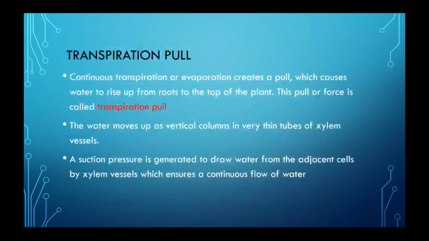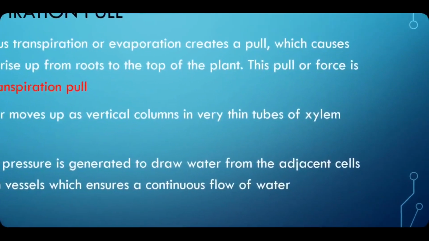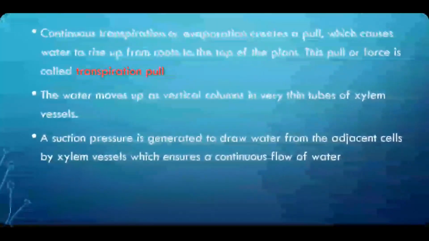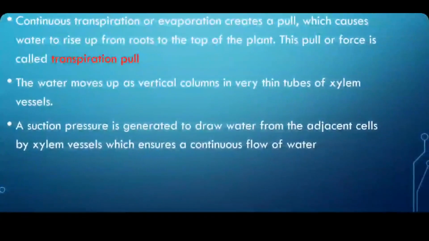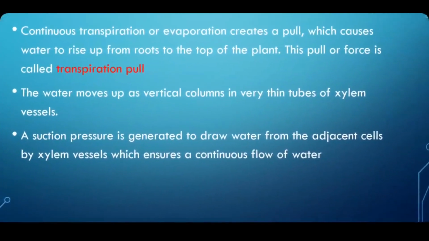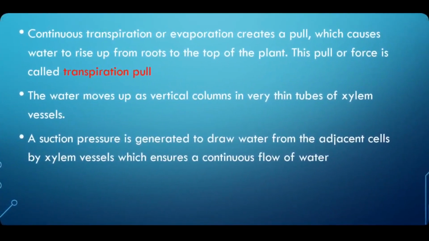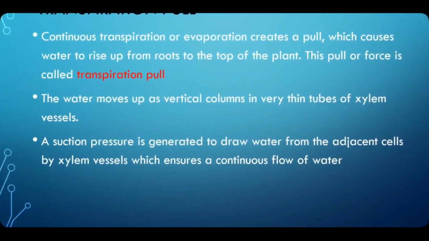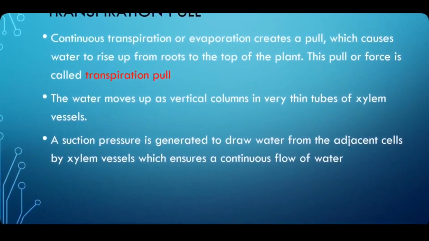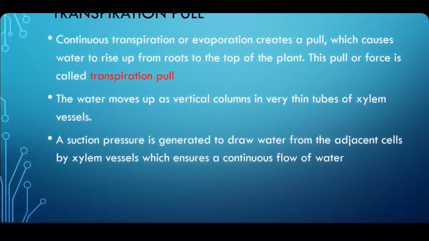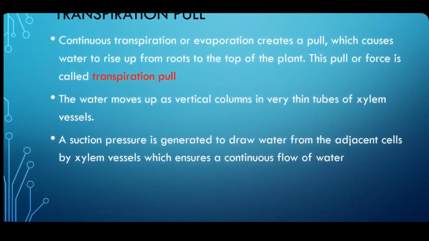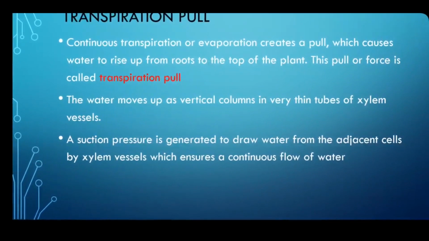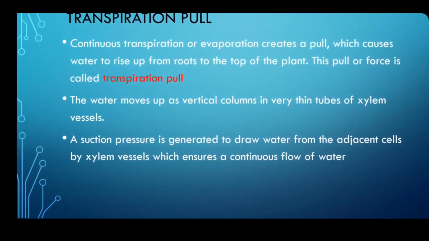So this causes a suction pressure which draws water from adjacent cells by xylem vessels, which makes a continuous flow, because there is a continuous requirement of water. Water continuously evaporates into the atmosphere, and when it continuously evaporates, it means the leaves have less water, so they absorb water from the lower surface, from the stem.